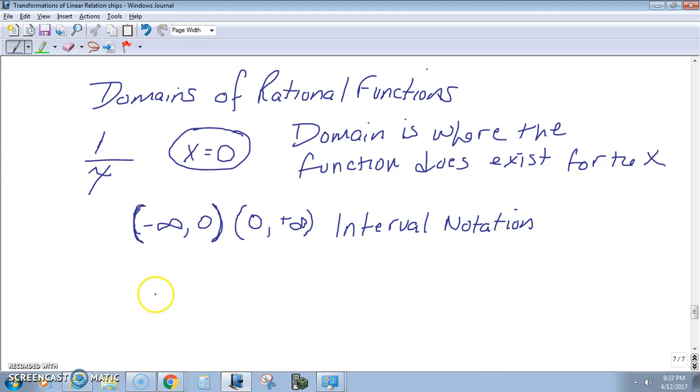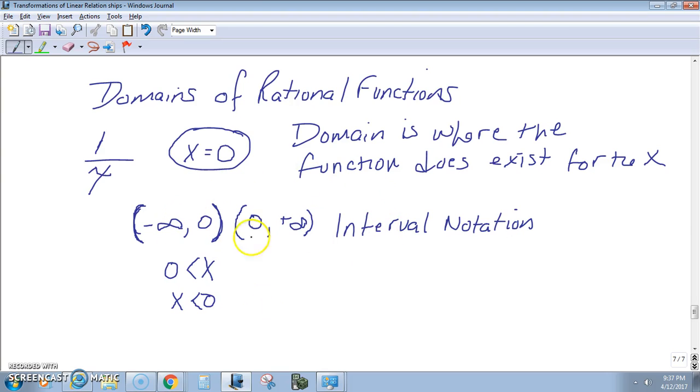Okay. How else can we write it? We can say where x is all the numbers greater than 0 and where x is all the numbers less than 0.